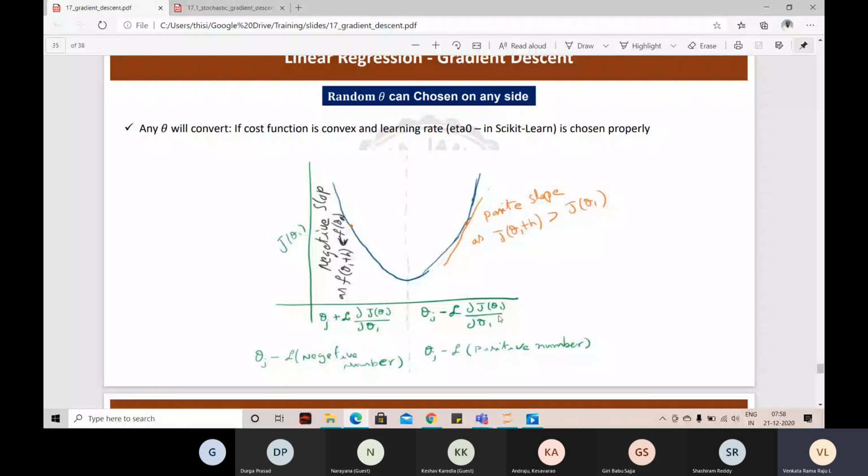Here, if you look at this derivative, it is actually calculating the slope, right? On the right side, the slope is positive. Do you agree? What is the slope formula?